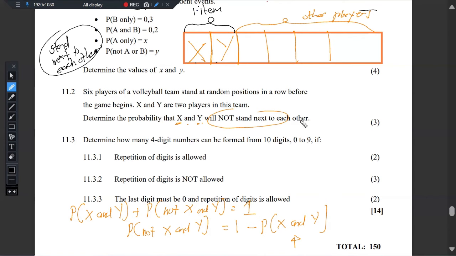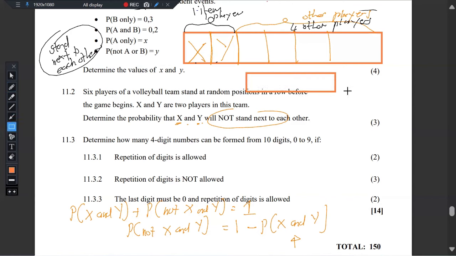Meaning that in our mind, we no longer have 6 players, we have 5 players. Because remember, we are taking this one as 1 item, and then 4 other players are remaining. So X and Y is more like 1 player, because wherever they go, they'll be going together. So I actually have 5 players, right?